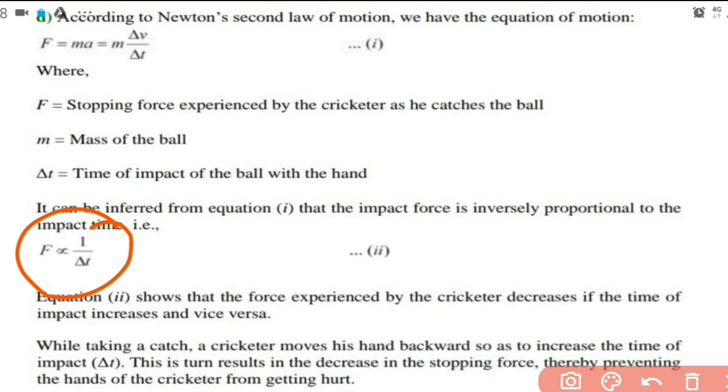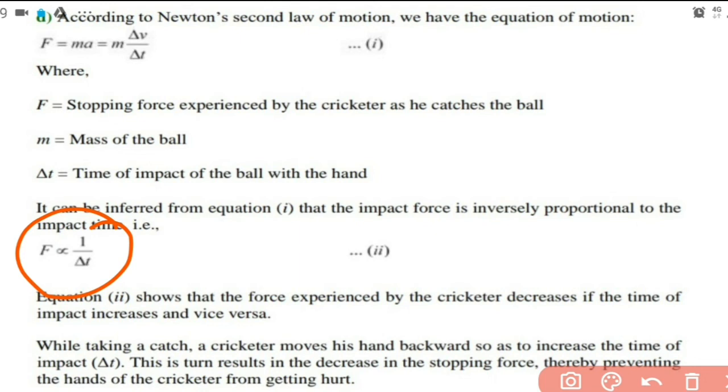If he lowers the hands while holding the ball, delta T is more. The ball still comes to rest with the same change in momentum, but the time taken for that change is more. Since F is inversely proportional to delta T, the impact force will be less, so less pain for the cricketer on his hands.